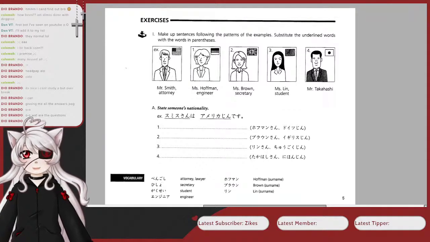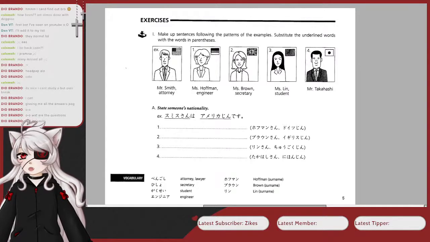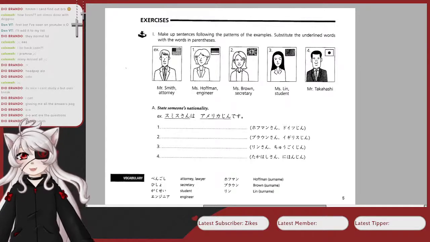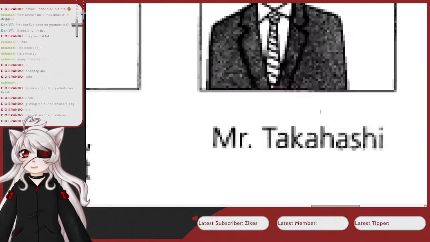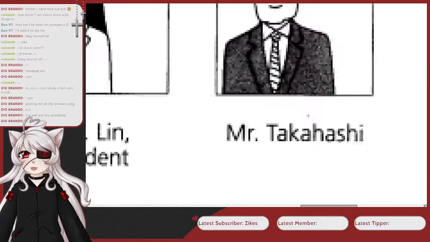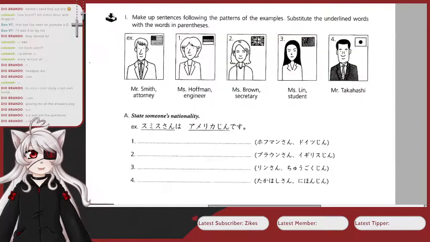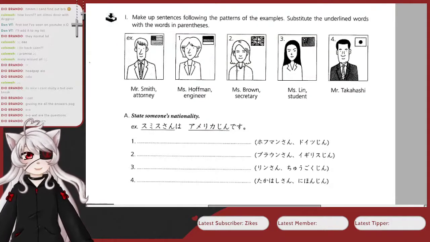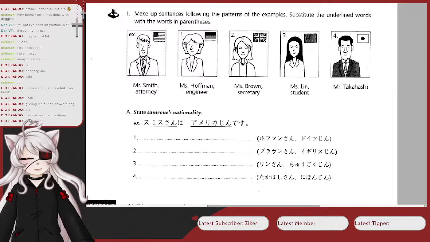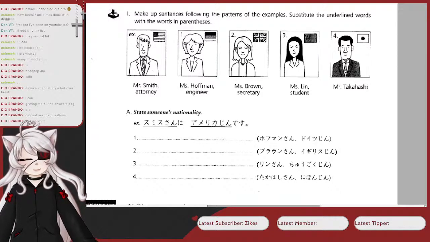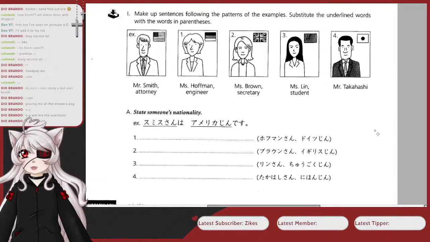Fortunately, because it's the first exercise of the book, they are very nice to us. It's for Mr. Smith. No, this is in English. Come on, Parrot. Or is it Mr. Takahashi? No, the example is Smith. Right, let me just make sure this is good. Yeah, this is a good pen size.